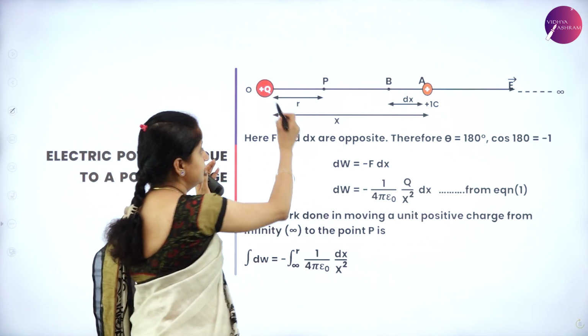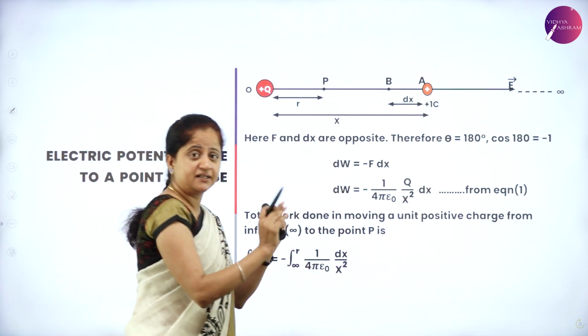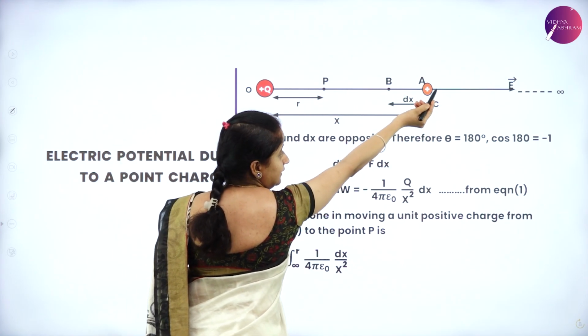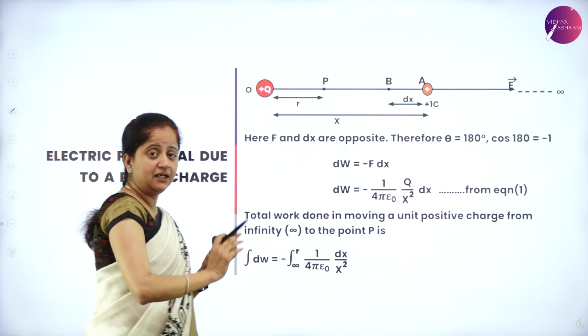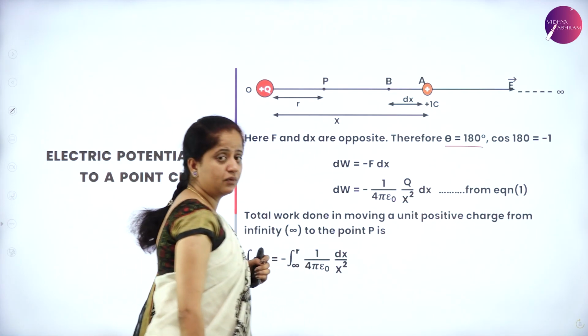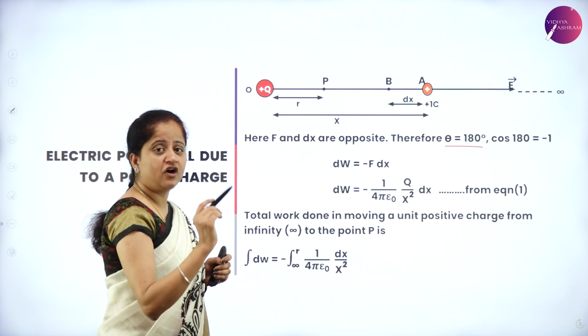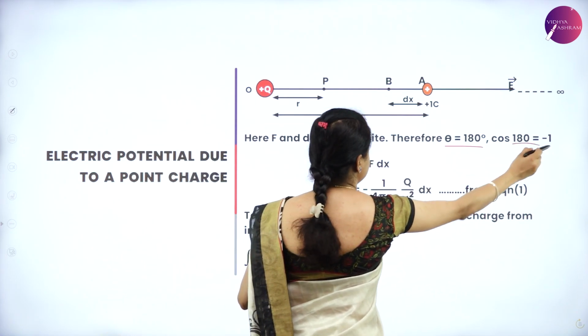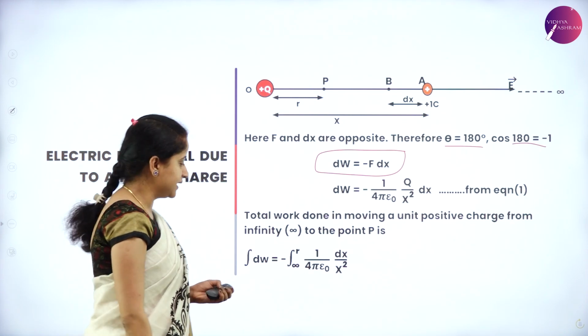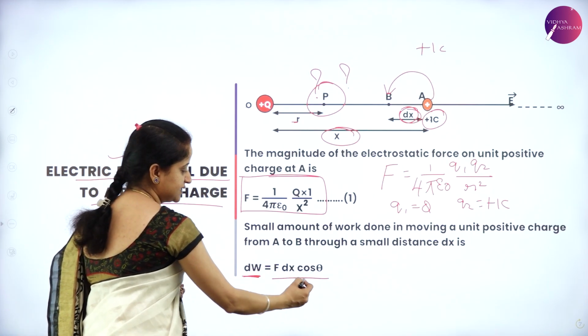Here the direction of the electric field is that of the electrostatic force, and the force and the displacement of the particle are opposite to each other, and therefore theta is equal to 180 degrees. Since cos 180 is equal to minus 1, we get the equation dW is equal to minus F into dx, because we have F dx cos theta.